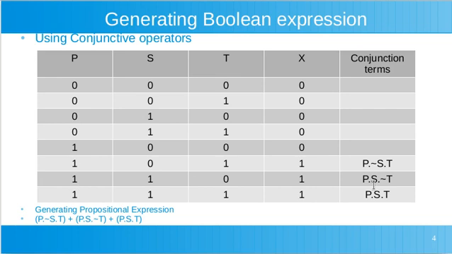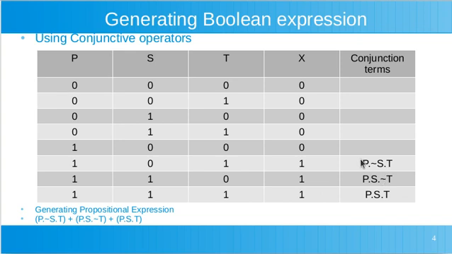Here president P, secretary S, but treasurer does not agree, so it is not T. Then P is 1, S is 1, T is 1. Where we get a 0 value, we put the negation of the variable.